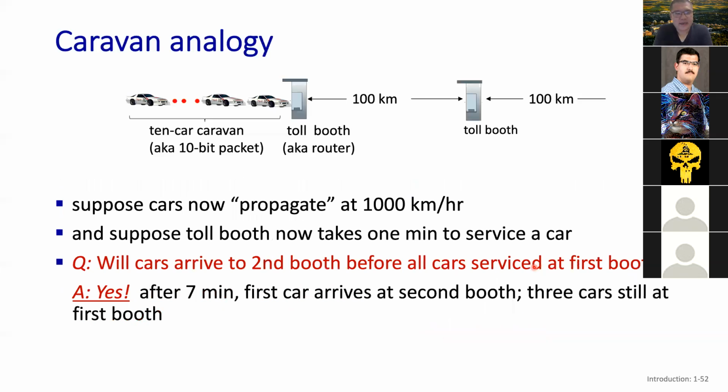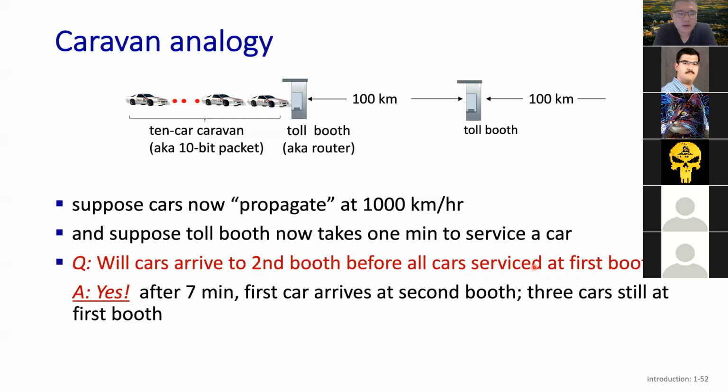What about the second case? The second case is that we assume the propagation speed is very high, right? So we increase the propagation speed by 10 times. That means the cars, after they finish the service at the first booth, will propagate along the line very quickly, okay?